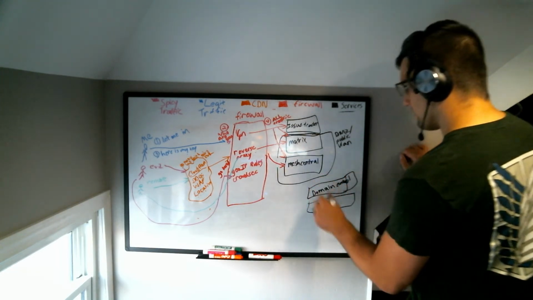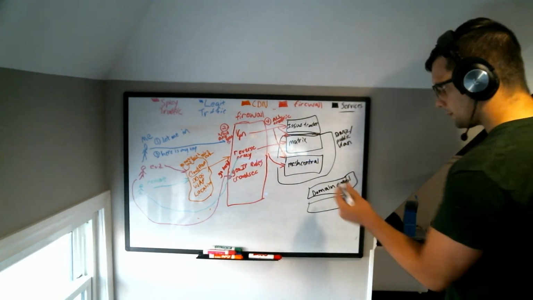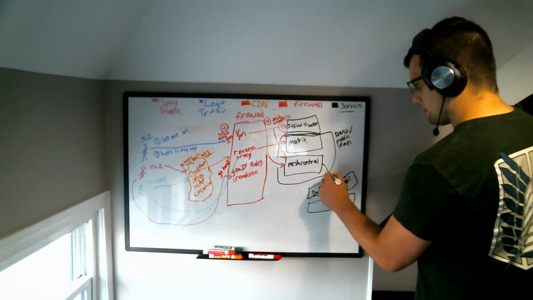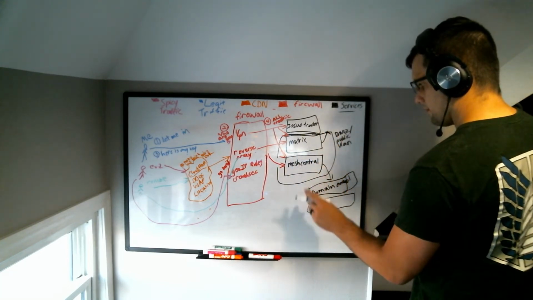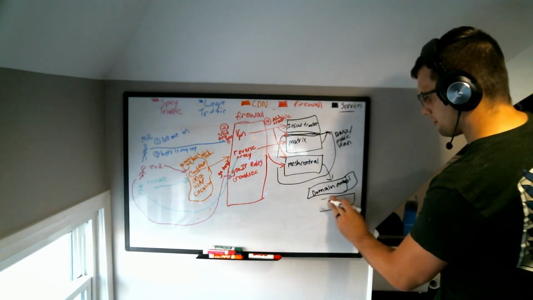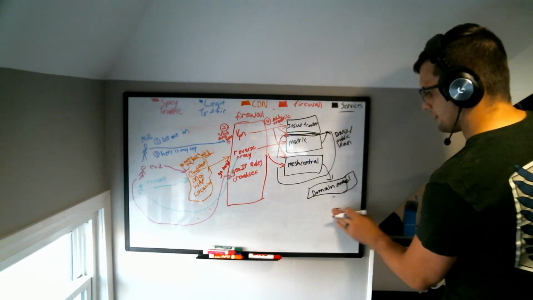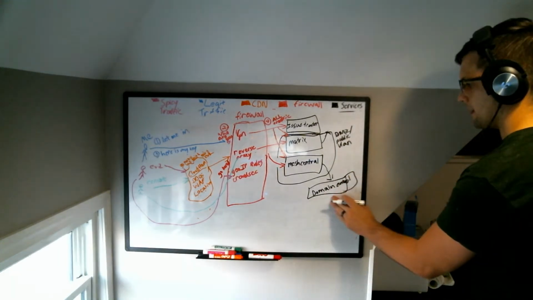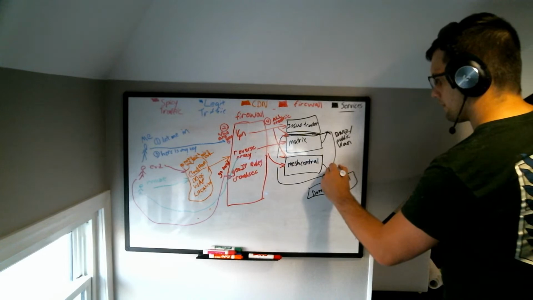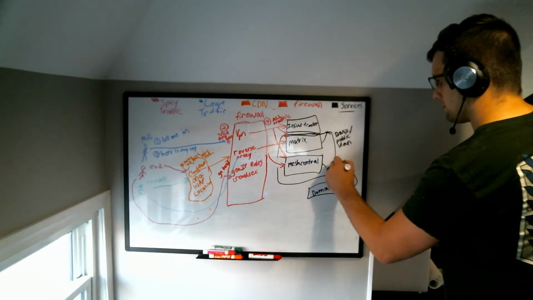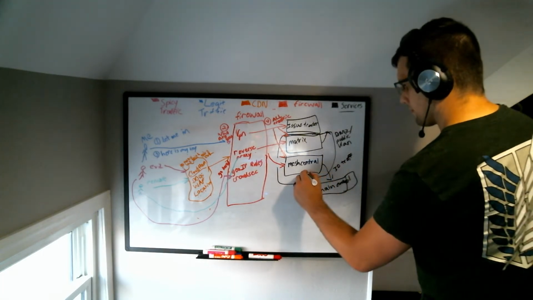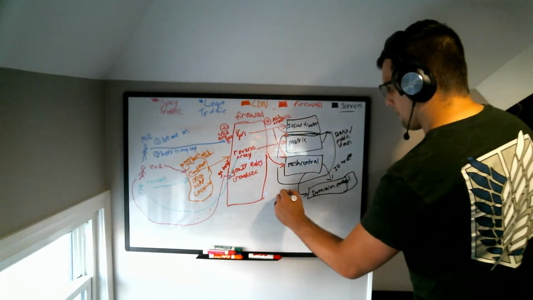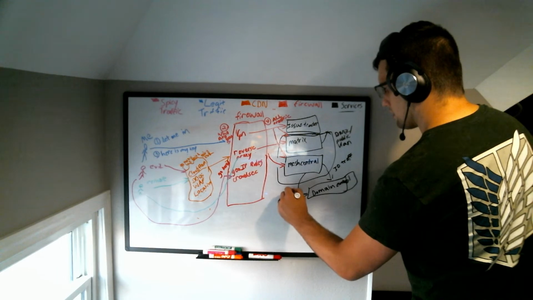We have other services. So we can get to our domain controller for DNS and all that other good stuff for identity management. ID traffic. And then SSH.